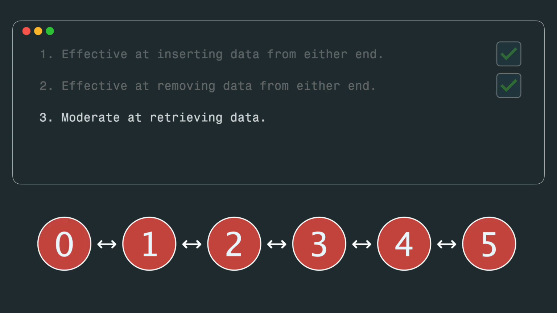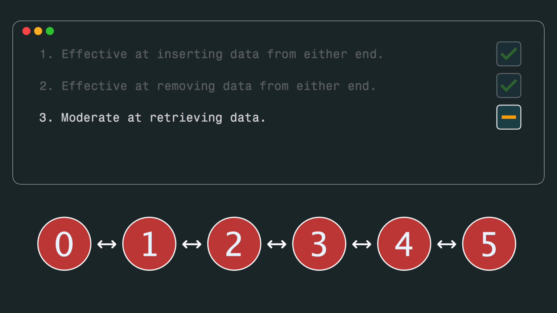As for retrieving data, a doubly linked list will generally be faster than a singly linked list. If I want to access the node with a value of 1, I can start from the head and take the shortest path. If I want to access the node with a value of 4, once again I can choose the starting point closest to it and take the shortest path. I would say that the doubly linked list is moderate at retrieving data. I would not necessarily say that it's strong.